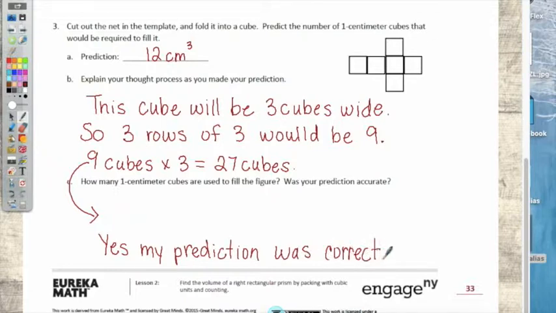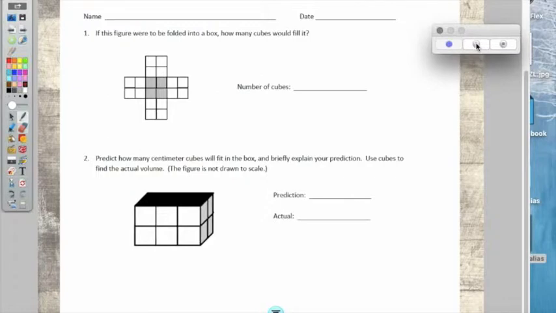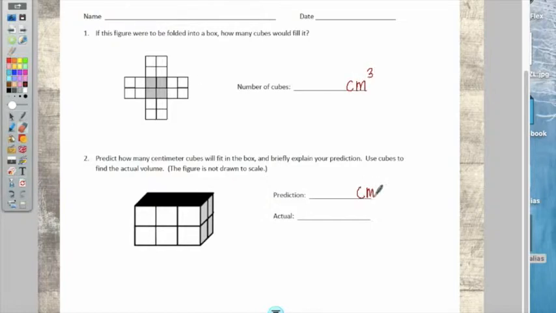Okay, boys and girls, take a look at the exit ticket. I'm pretty sure this first figure is one from yesterday. The only thing I'm going to remind you is all of these need labels. CM cubed. Okay?